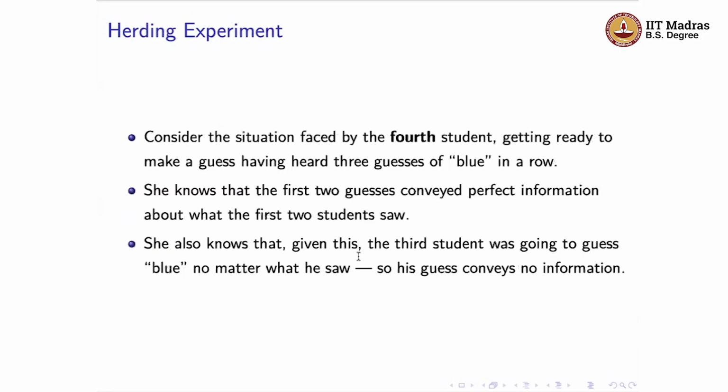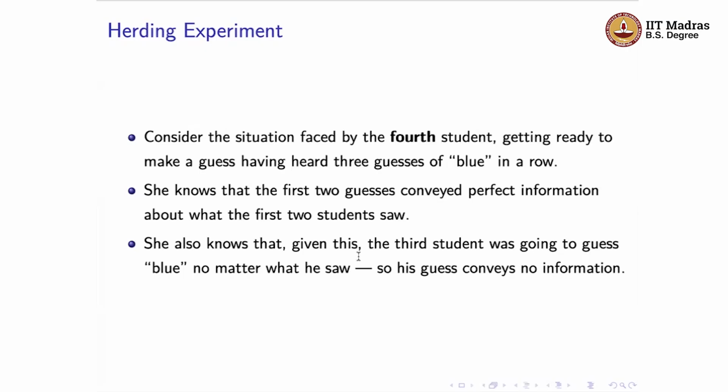This is actually interesting, because suppose that the first three guesses have been blue. Now, the student understands that the information from the first two guesses is perfect, in the sense that they must have been based on what those students actually observed, that they must have actually seen two blue marbles.